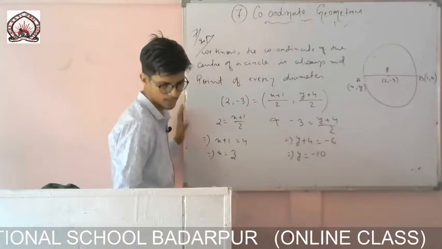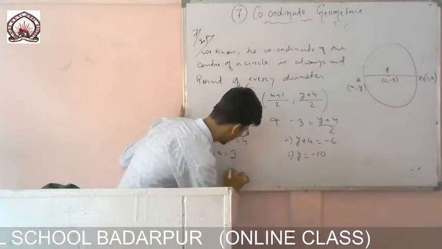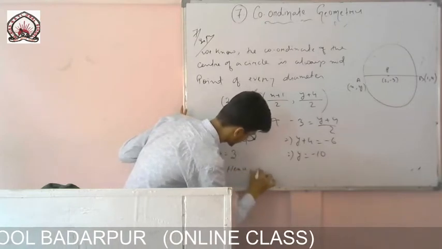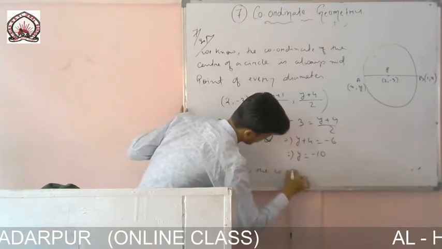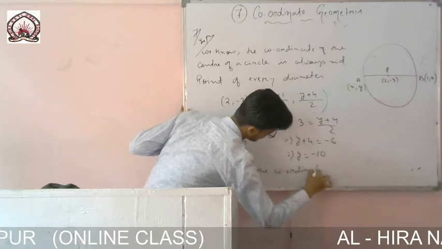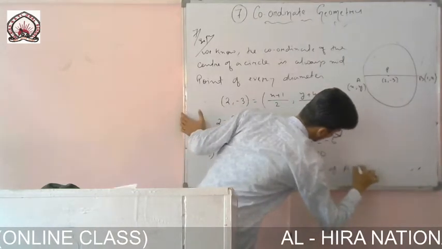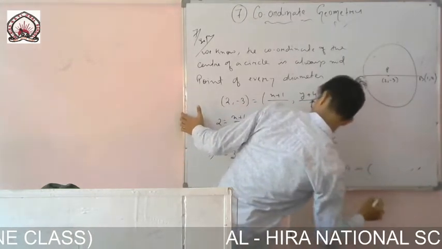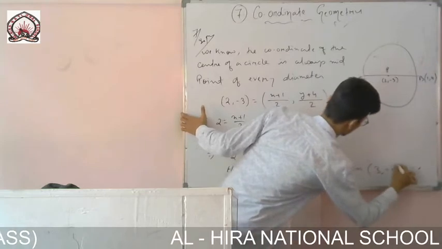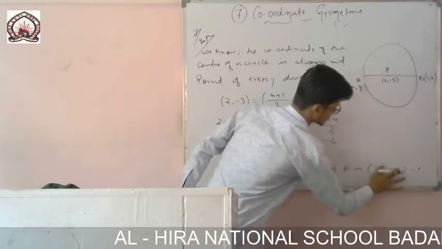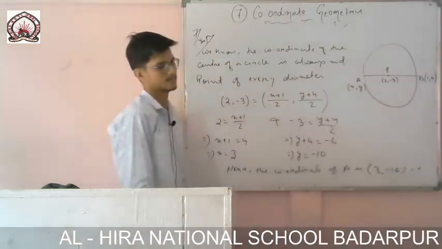So hence the coordinate of A is 3 comma minus 10. Very easy thing.